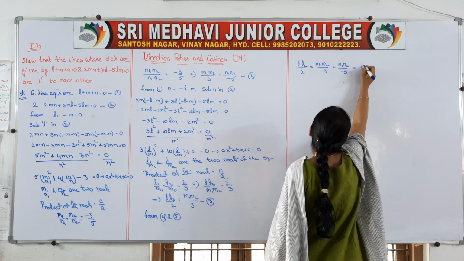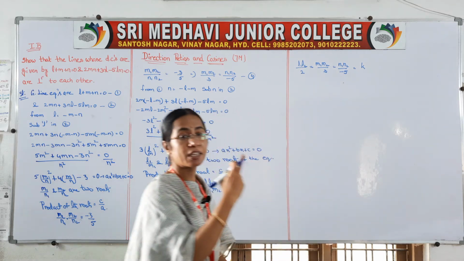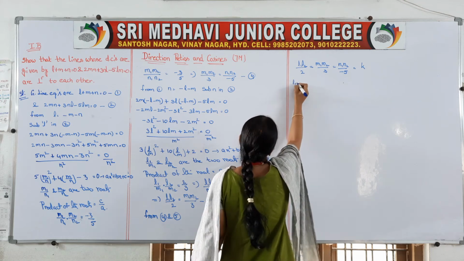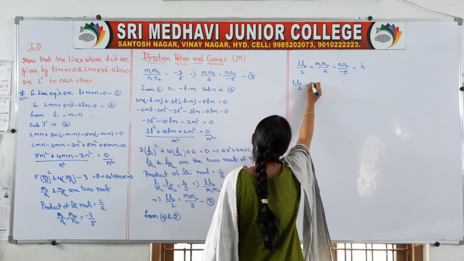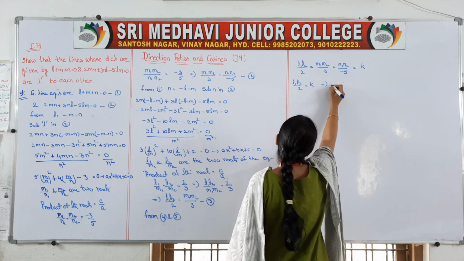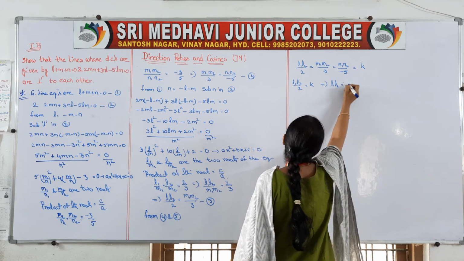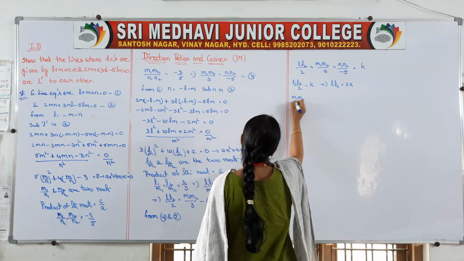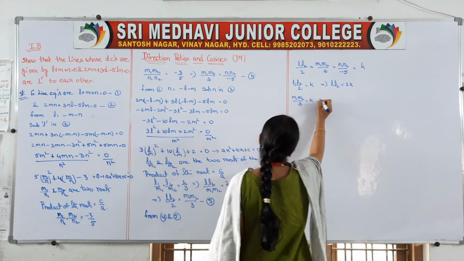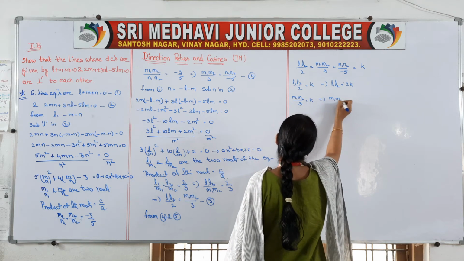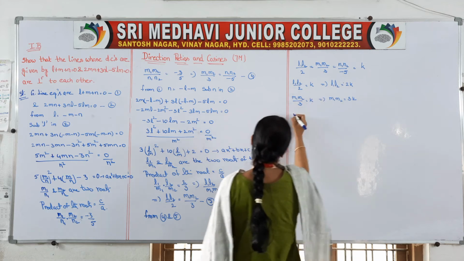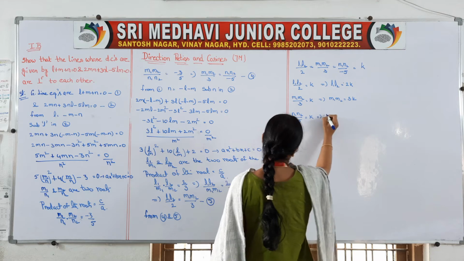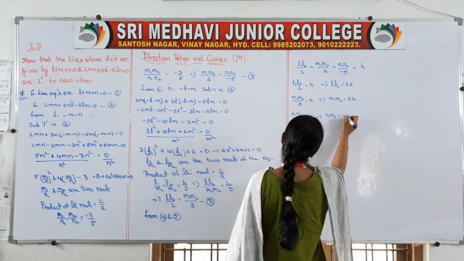Generally, if three equal values are there, we can equate them with some constant. So first, take L1 L2 by 2 is equal to K. Then L1 L2 is equal to 2K. Next, take M1 M2 by 3 is equal to K, then M1 M2 is equal to 3K. Similarly, N1 N2 by minus 5 is equal to K, so N1 N2 is minus 5K.